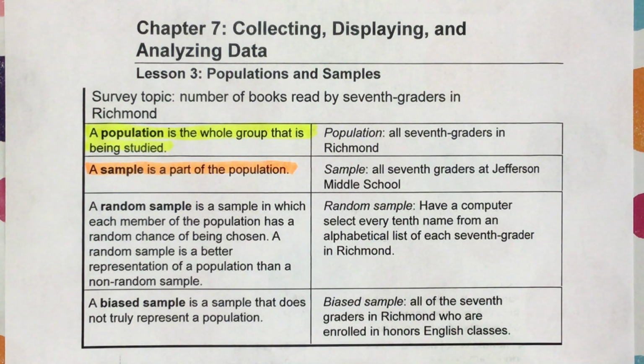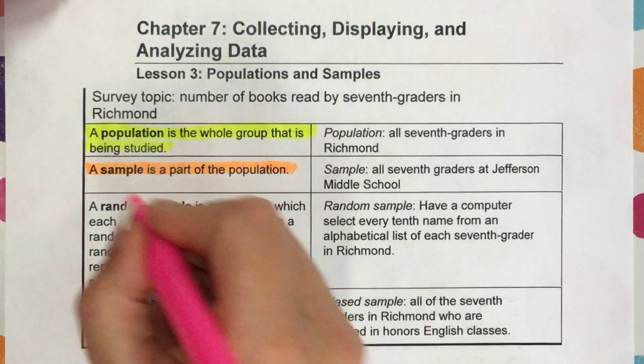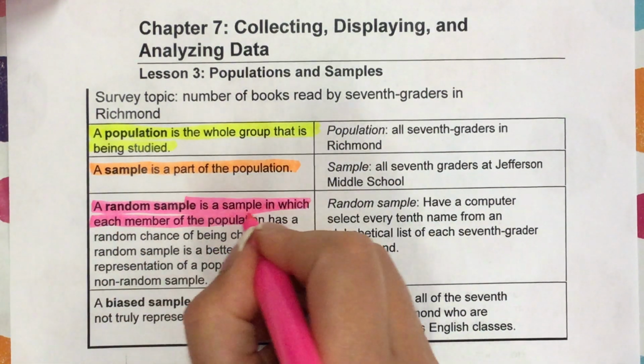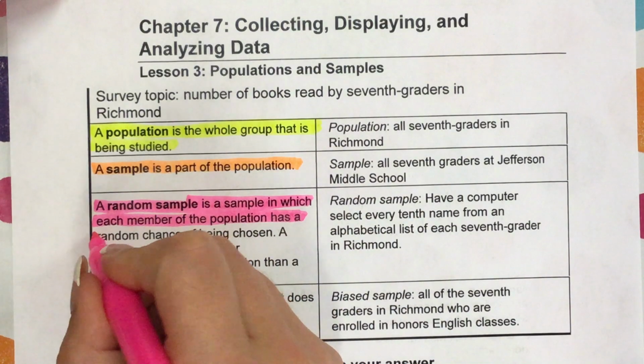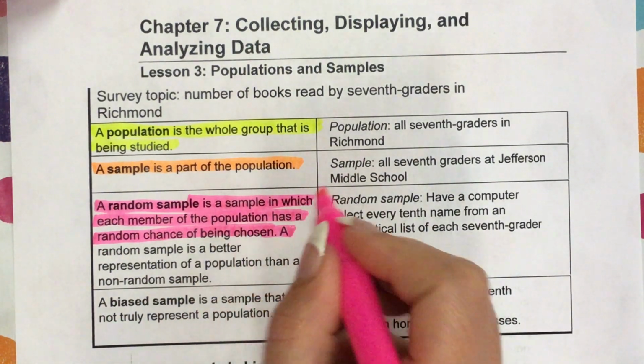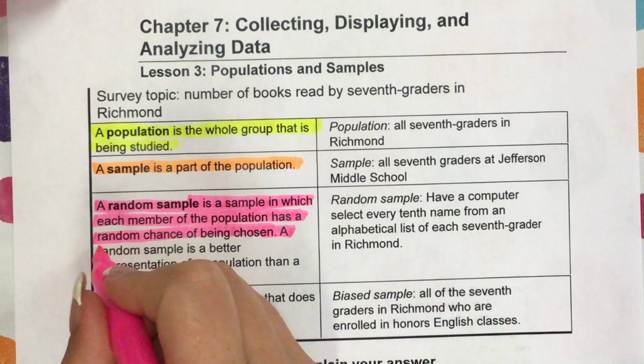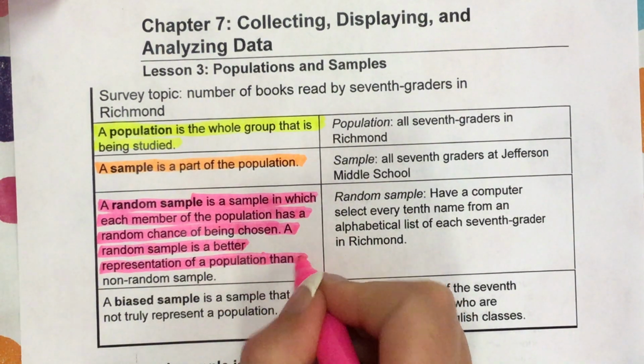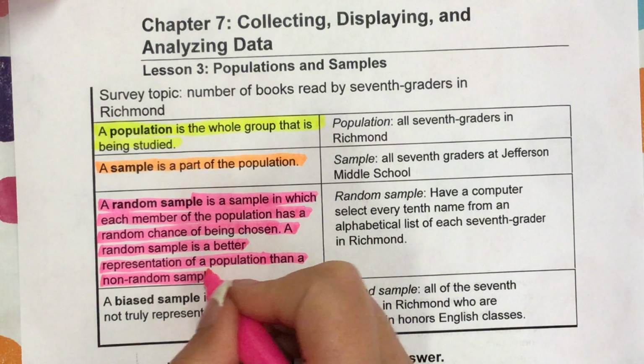Now, a random sample is a sample in which each member of the population has a random chance of being chosen. A random sample is a better representation of a population than a non-random sample.